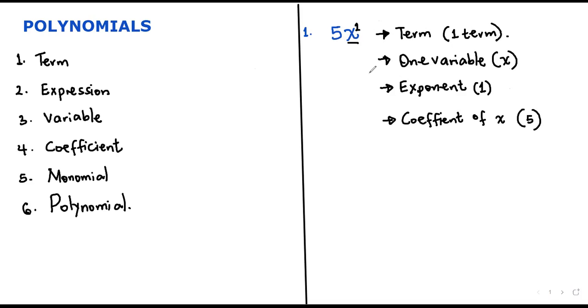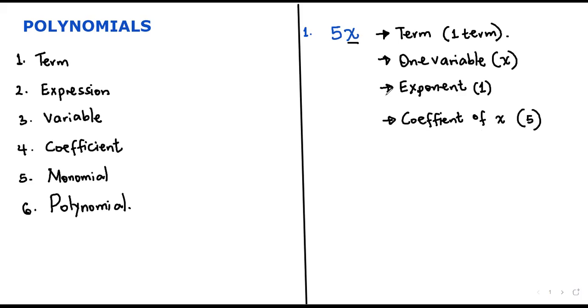But whenever we are having a power of 1, we don't always write it because it doesn't change the value of a number or a variable. So that's why we don't write the power of 1. So the coefficient is 5. When you multiply a number by a variable, you get what we call the coefficient.